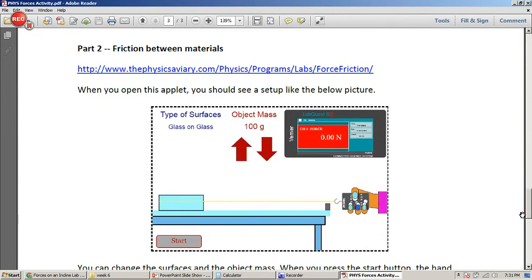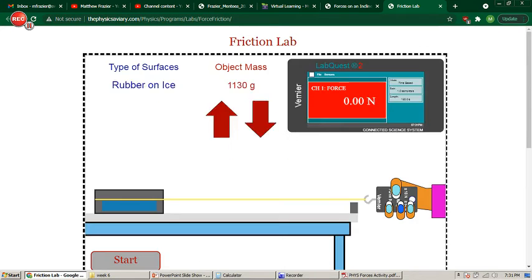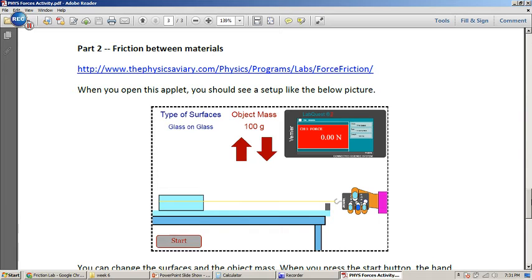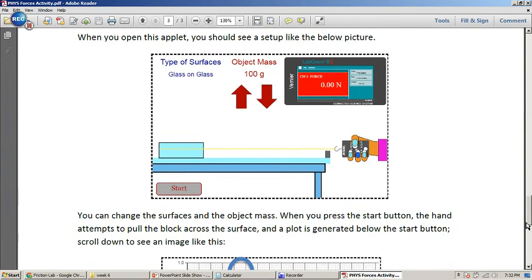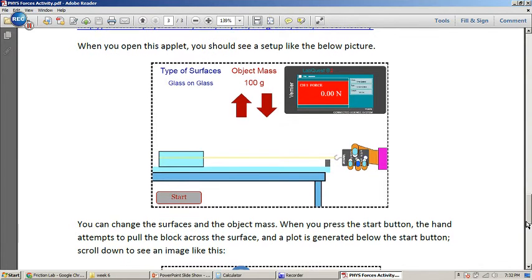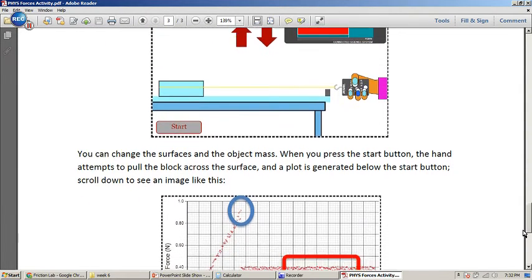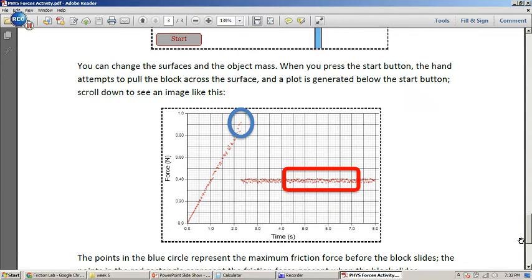All right, so for the second part, friction between materials, we're going to open this app up, and we're going to begin. And this is something we will do in the lab. I'm not really concerned if you get this 100% correct. But the idea is you're going to try to pull this block across this table.